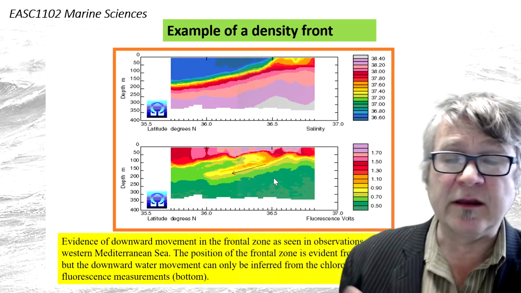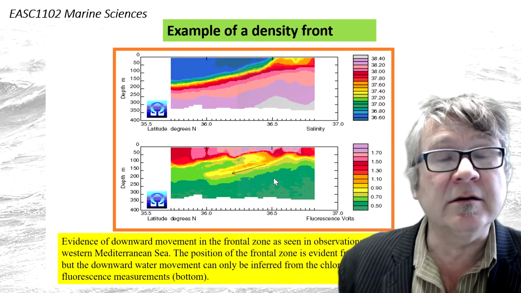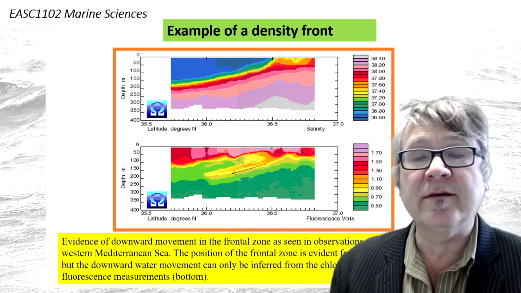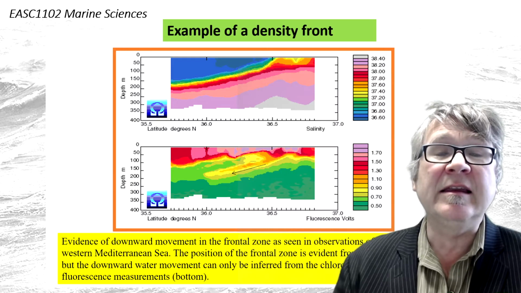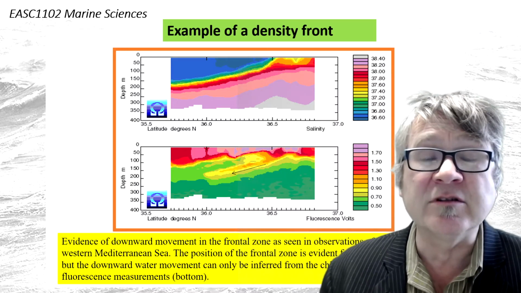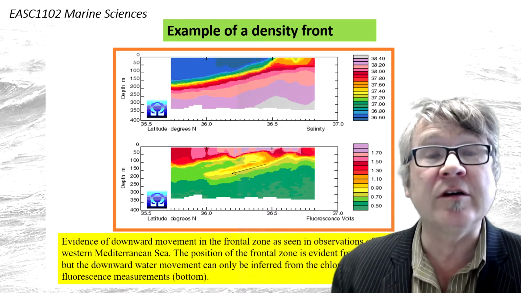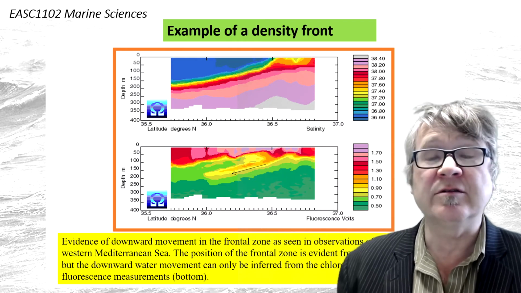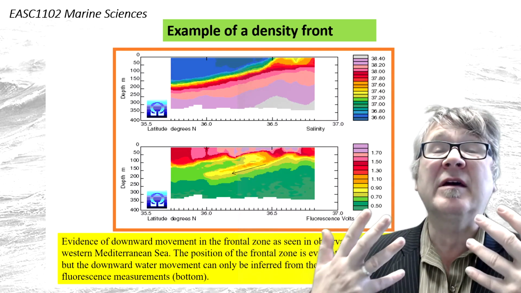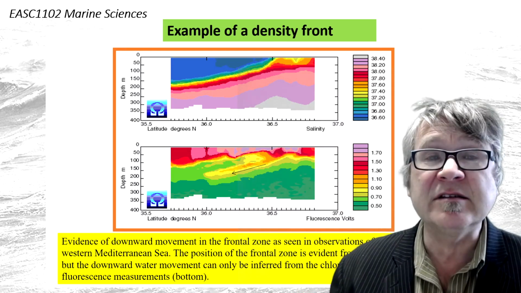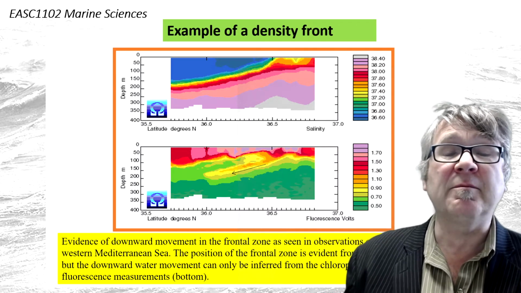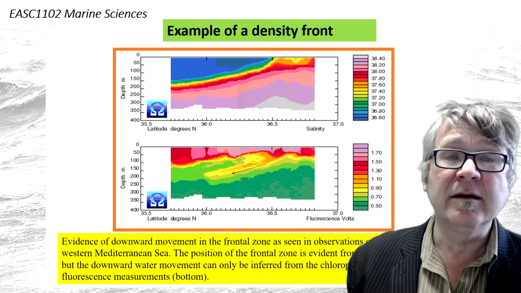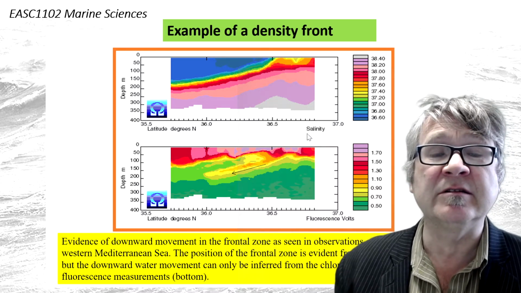So let's have a look at the bottom distribution. That's another cake. So you cooked two birthday cakes, and what you can see here is so-called fluorescence. And fluorescence is a proxy of chlorophyll A concentrations. And there what you can actually see is the downwelling. You can see that because there are higher chlorophyll A concentrations near the surface.